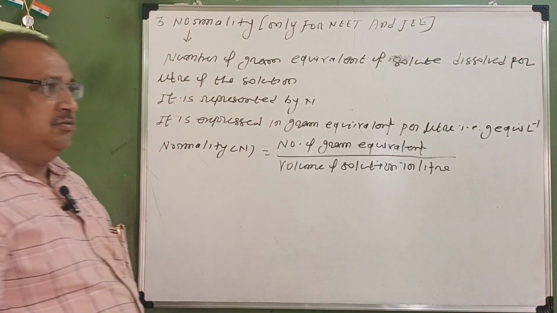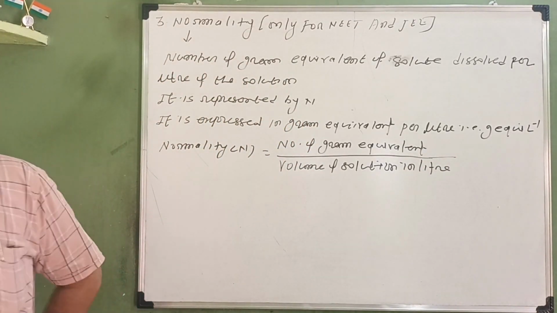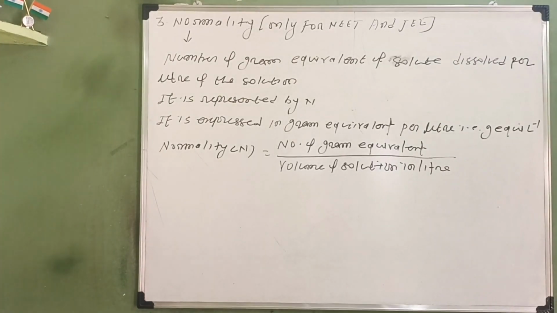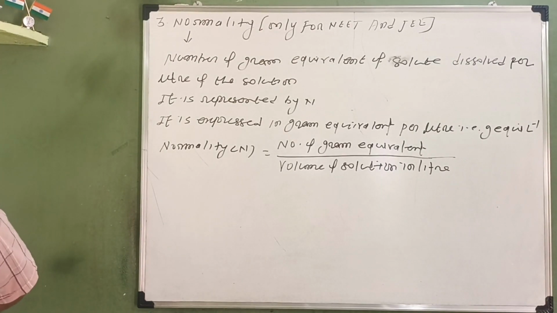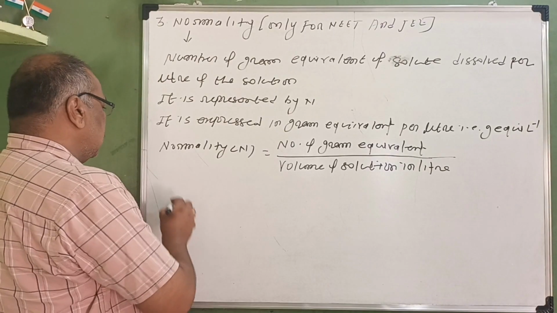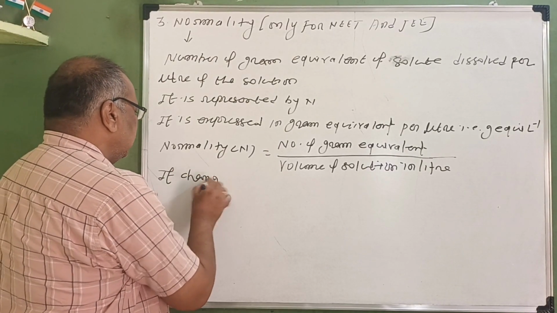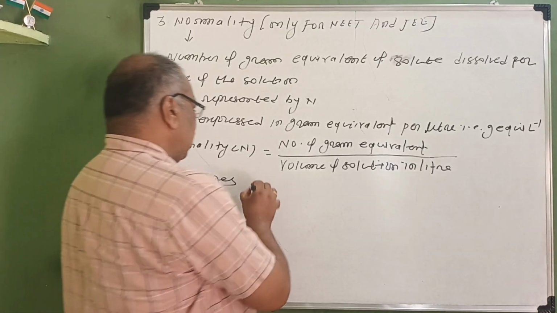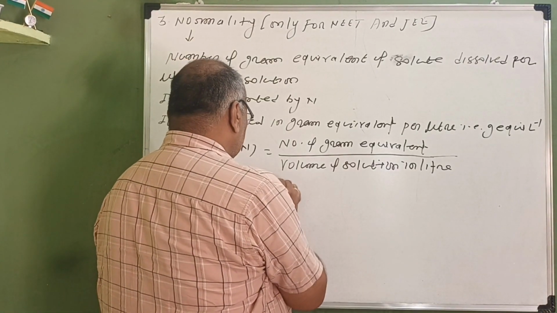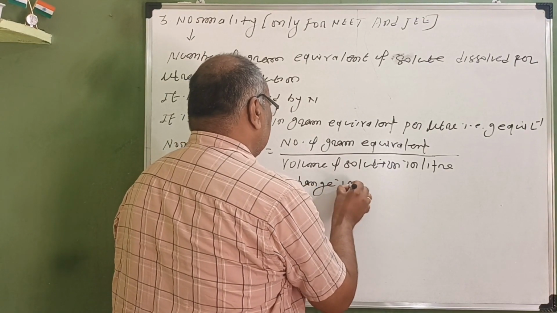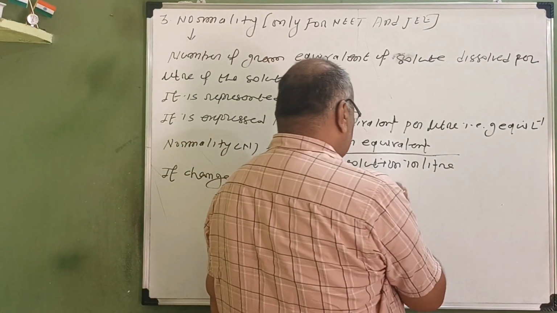Now here in the definition of normality, the volume is considered and the volume of solution changes with change in temperature, so the normality also changes with change in temperature.